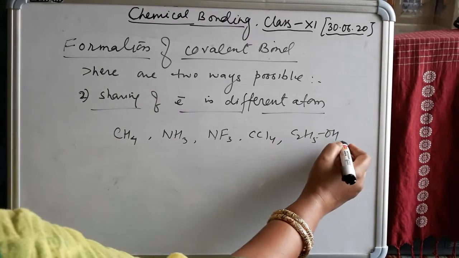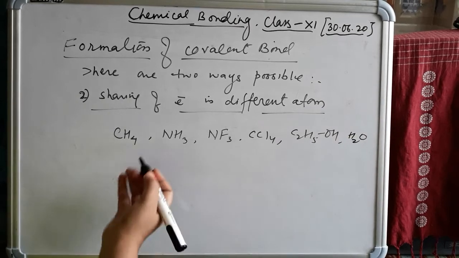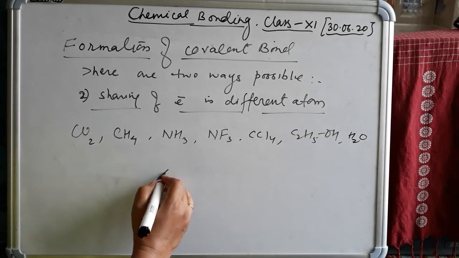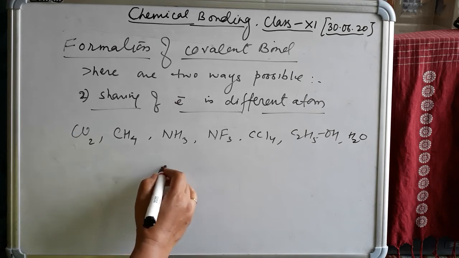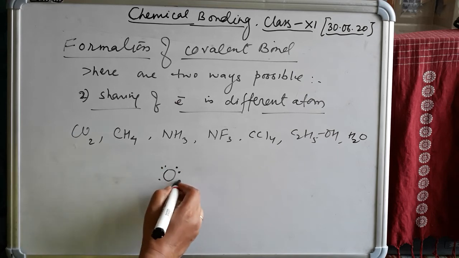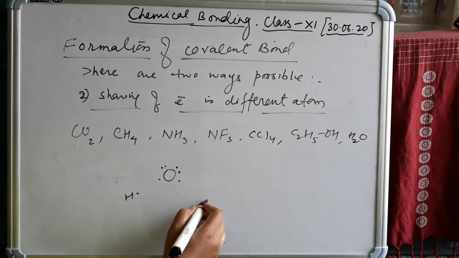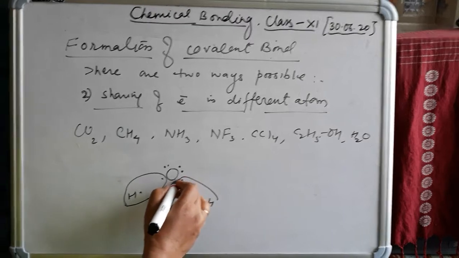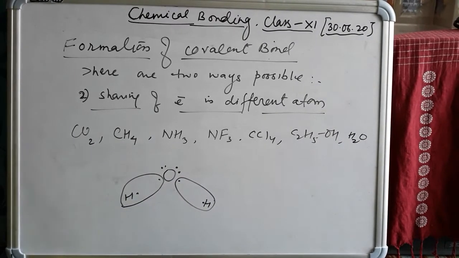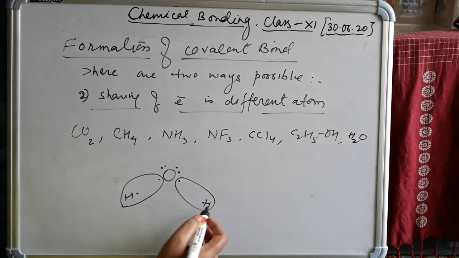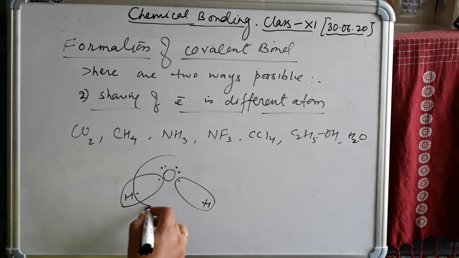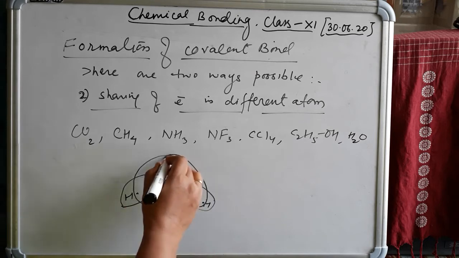Simply, we can draw water also, CO2, H2O, a number of molecules are there. You can draw the structure. Suppose oxygen, total number of valence electrons is 6, and 2 hydrogens complete their duplet by taking electrons, and oxygen completes its octet.